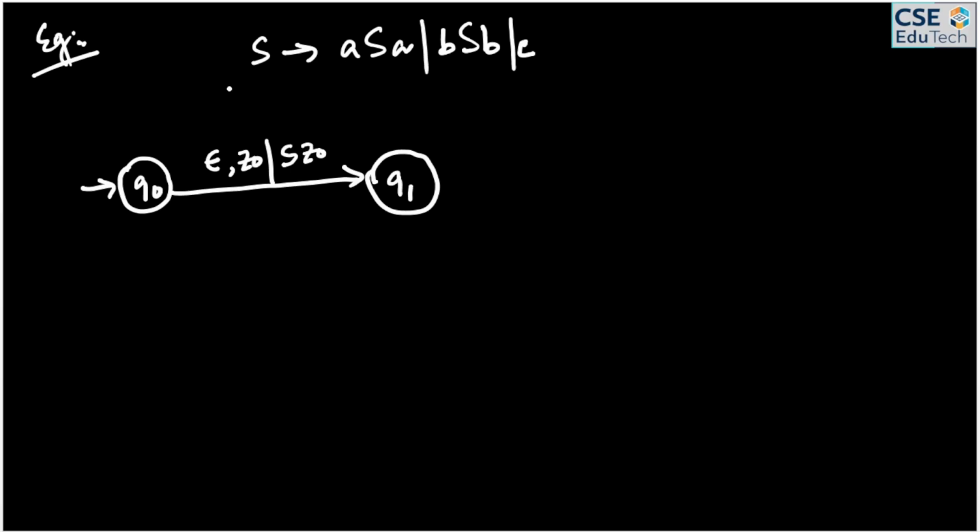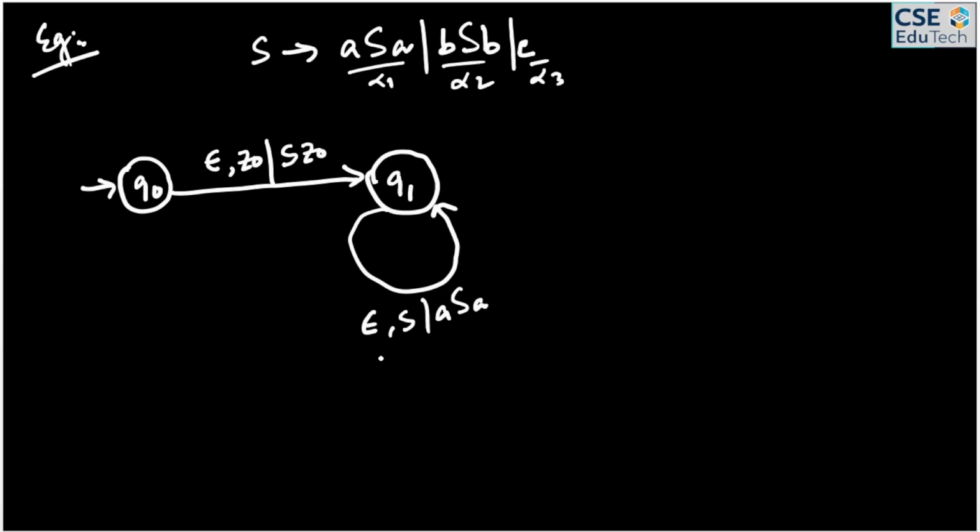Now for all the variables, here actually S is the only variable, but we have different alphas: alpha 1, alpha 2, alpha 3. For all of these we have to make transitions like this: epsilon with S replaced by ASA, or by BSB, and by small c.